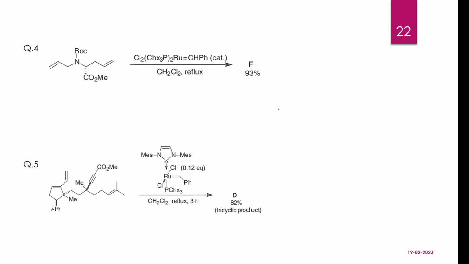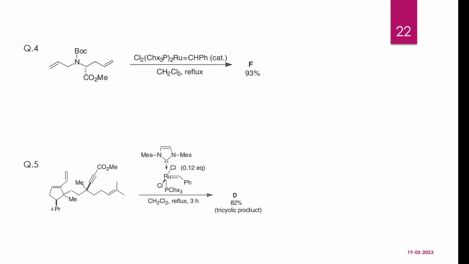Next is this one. So what is happening here? Again, in the same way, first the ruthenium catalyst will react with one of the alkenes as a carbene, and that will attack the other alkene. So both alkenes will join. If we go through the shortcut, both alkenes will join.